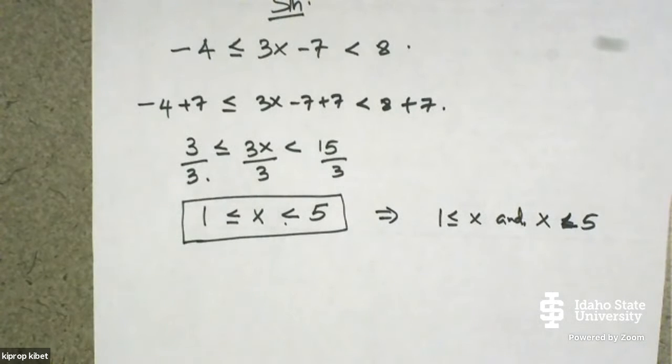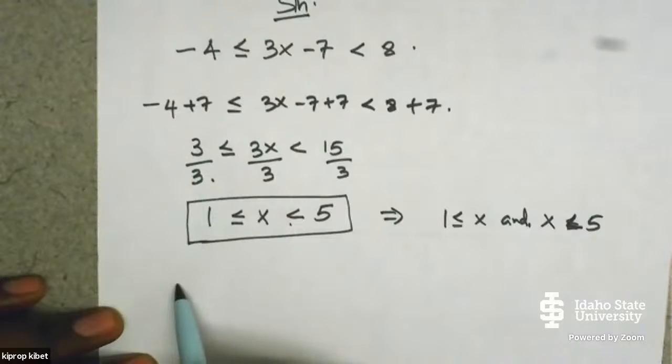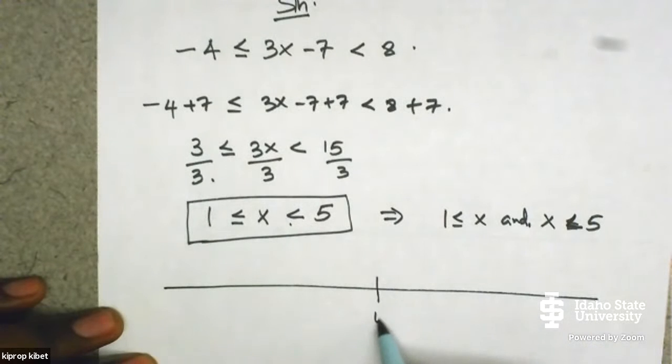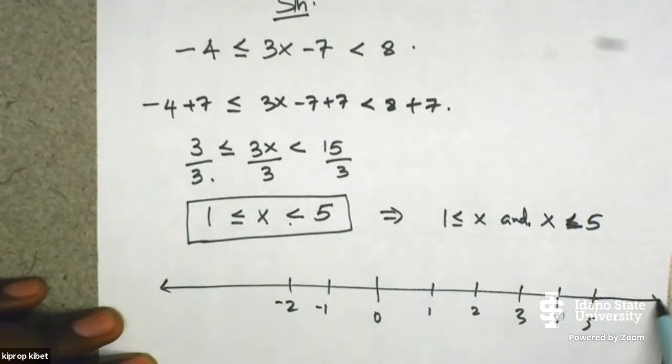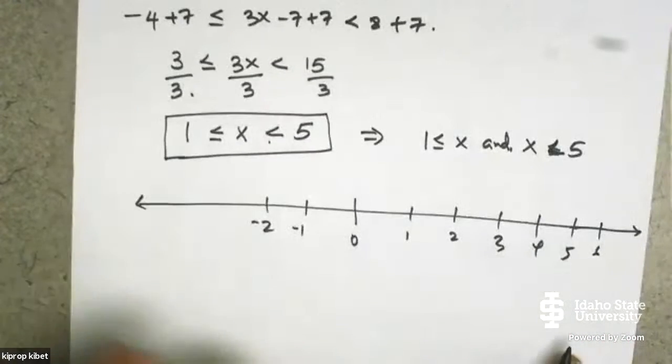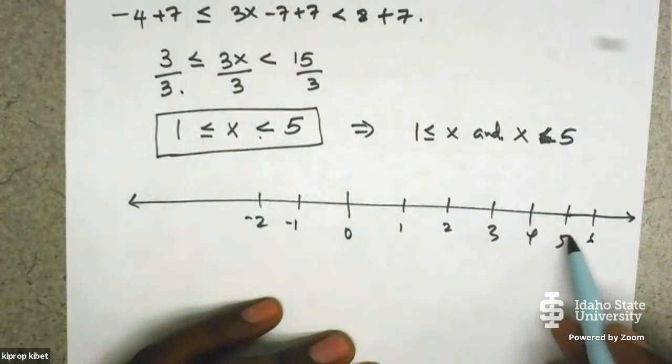So the solution should satisfy all the requirements. So we need to put this one in the number line. 0, 1, 2, 3, 4, 5, 6.